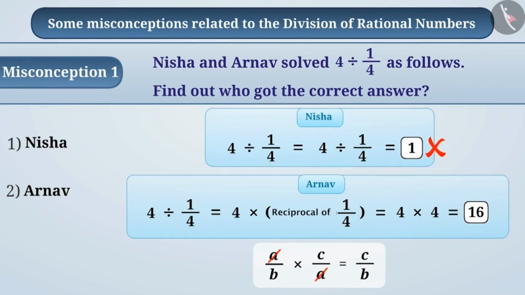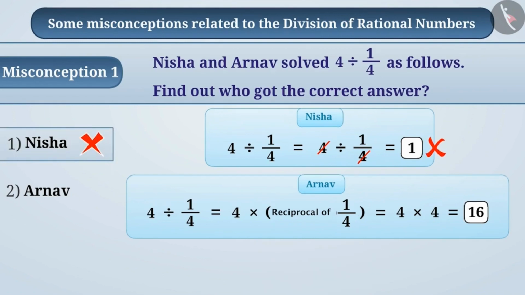Like here, Nisha has cancelled the first number with the denominator of the second number while solving 4 divided by 1 by 4, from which she got the result 1. This is incorrect. Hence, option 1 is the wrong answer. The correct understanding is that to divide rational numbers, we keep the first number exactly the same and multiply it by the reciprocal of the second number.